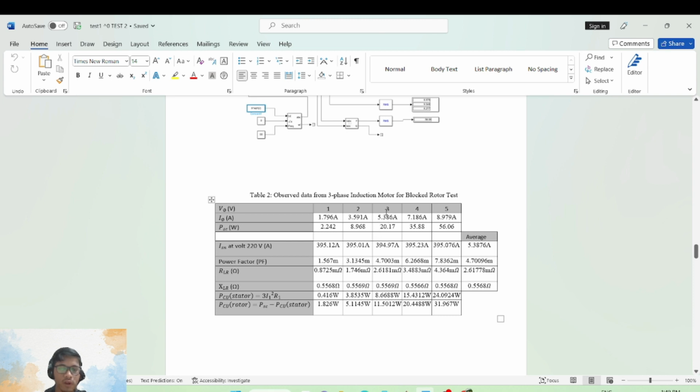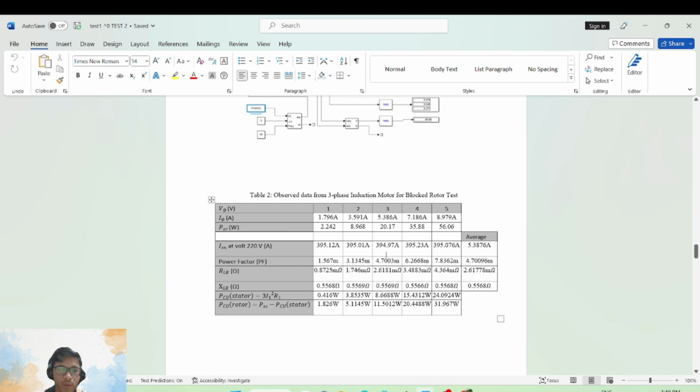The next is 3 volt. The current is 5.386 ampere, the PSC is 20.17, and the ISN is 394.97 ampere.